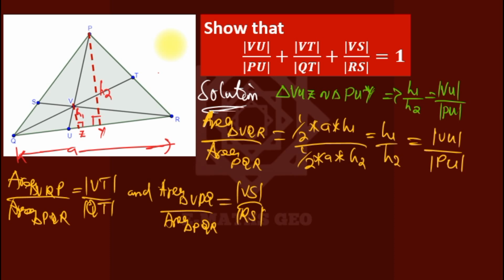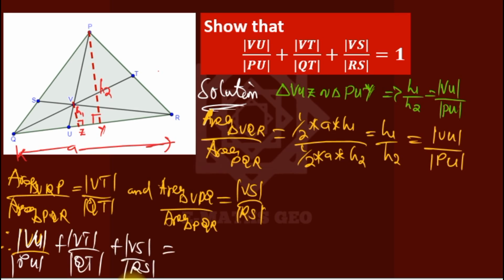Remember, we're asked to find the sum of VU over PU plus VT over QT plus VS over RS.